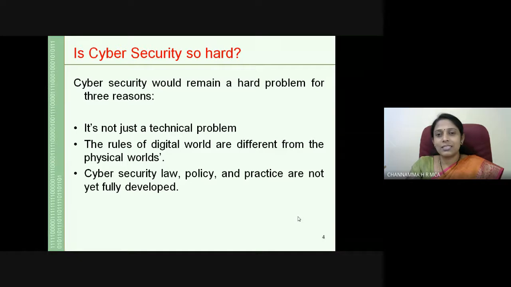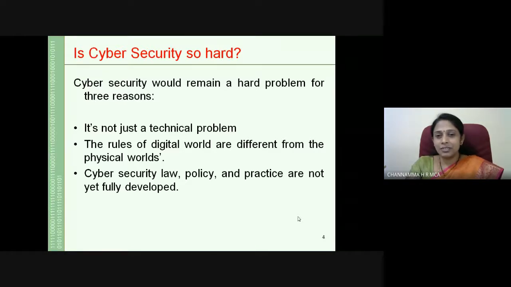It also has the aspect of human psychology. That's why this is one of the main reasons why cyber security has not yet reached the 100% security level.